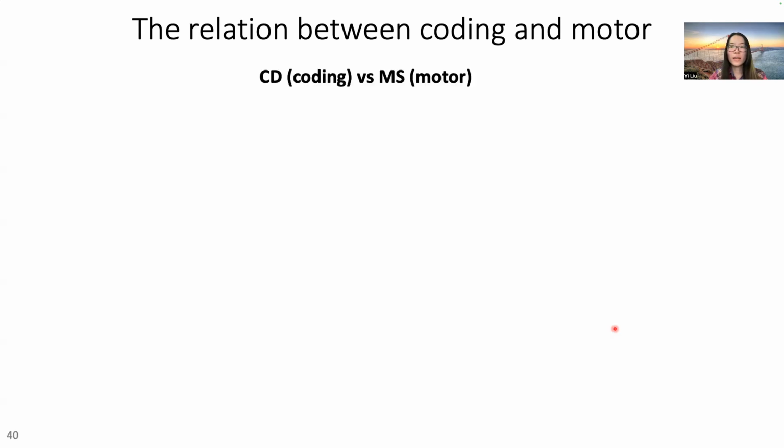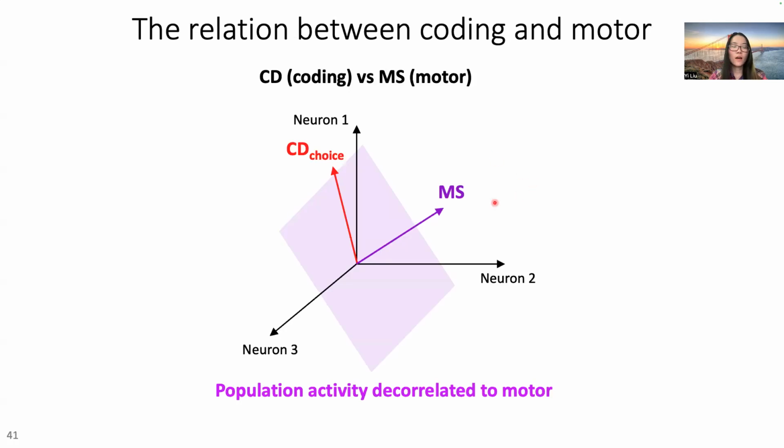To investigate the relation between coding and motor, now we use the similar decorrelation method, but between CD and MS. Basically, we calculated the motor subspace, and therefore the population activity decorrelated to motor. And then we calculate CD again to get the coding subspaces decorrelated to motor.